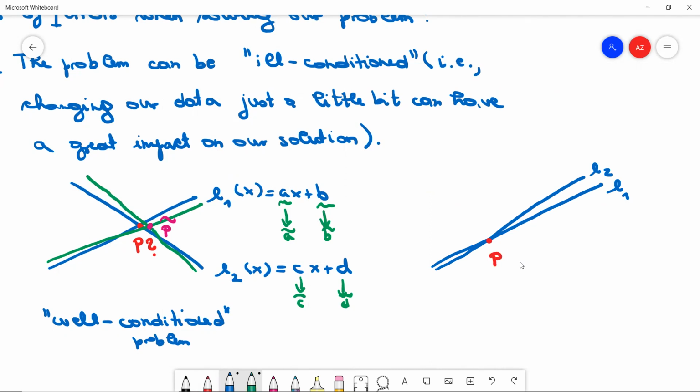And again, we change those lines just a little bit. Let's say that L2 becomes this, and then L1 becomes this. We change A and B to A tilde and B tilde, and C and D to C tilde and D tilde. And we see that this intersection changes a lot, relatively a lot.